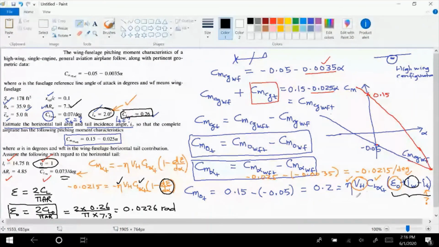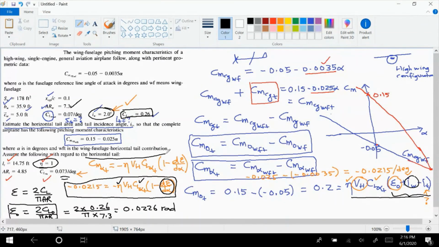So regarding this equation now, we have found the value of epsilon naught. IW is given. CL alpha t is given. VH is not given. So we need to find VH. And my plan is to obtain VH from this equation that we got after processing this expression for the moment slope due to tail.